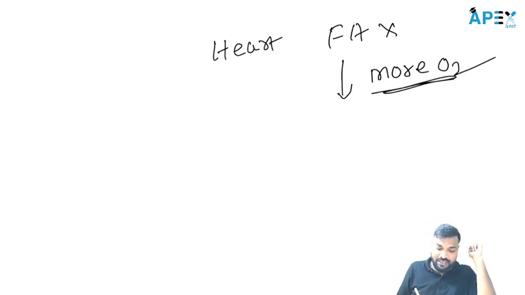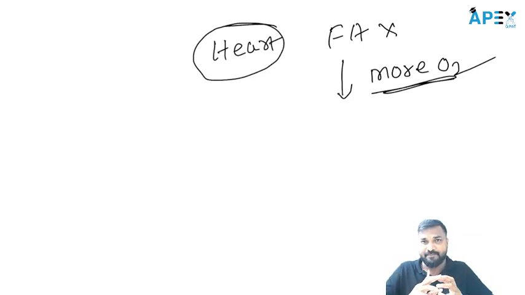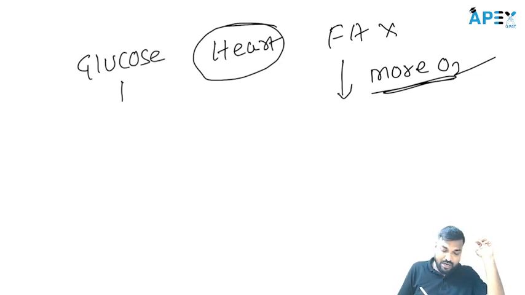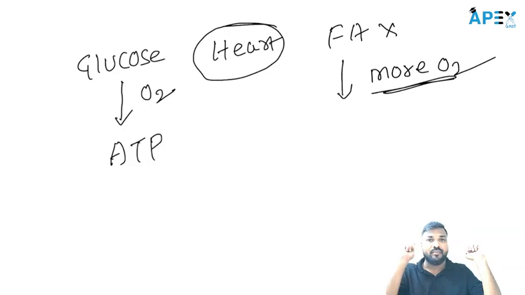That's why we requested the heart, don't use the fatty acid. Instead, we said use glucose, because even though we are receiving less oxygen, we can produce enough ATP. Then our heart can work properly.